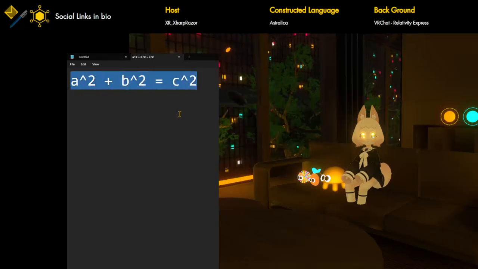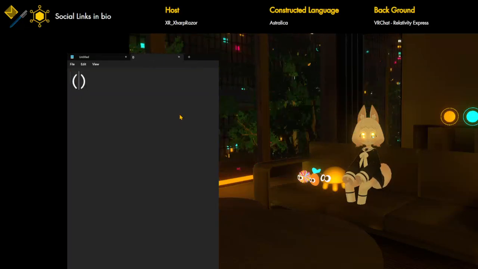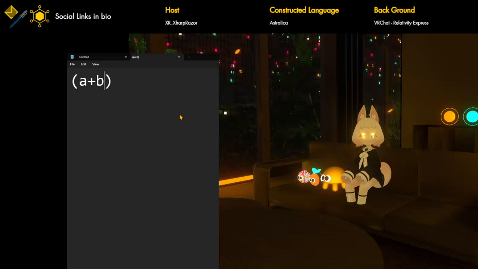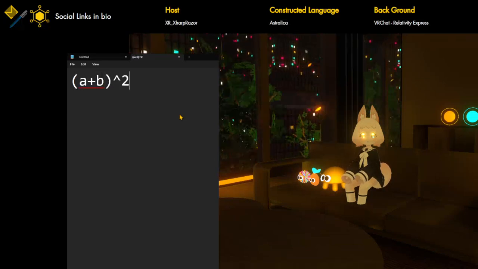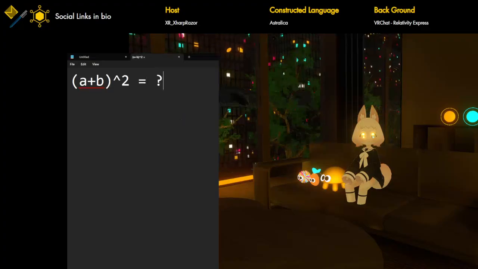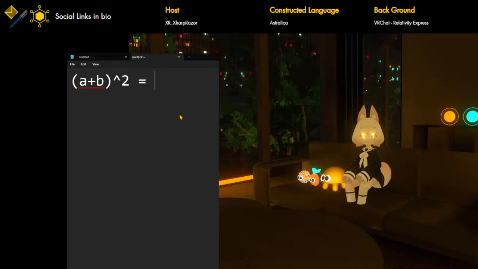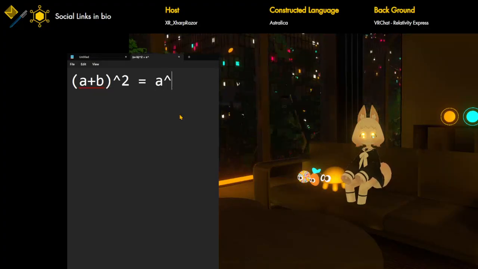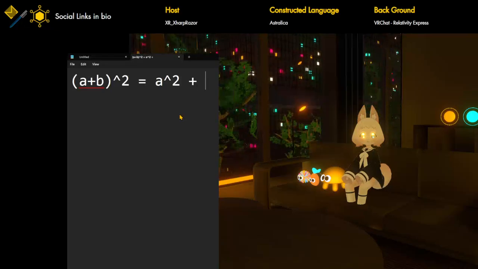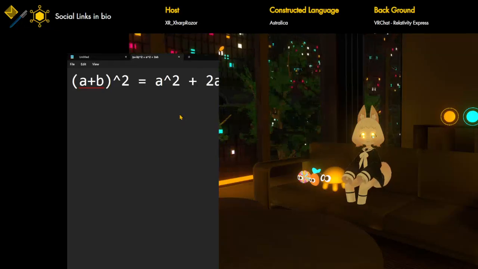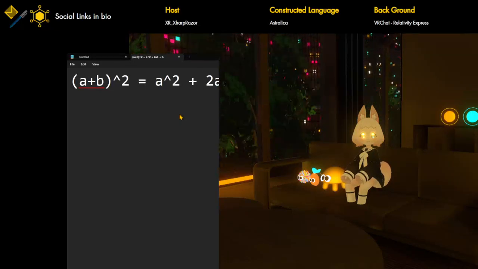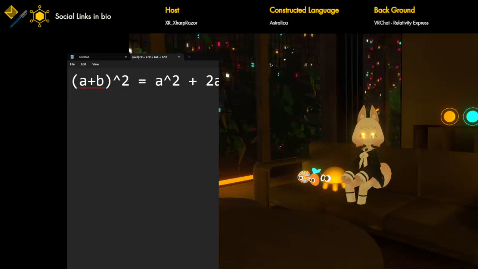You can derive it. One classical example is, what is (a+b) squared equal to? Some of you might have memorized it, and then you can just say a squared and then 2ab and then b squared. There you go.